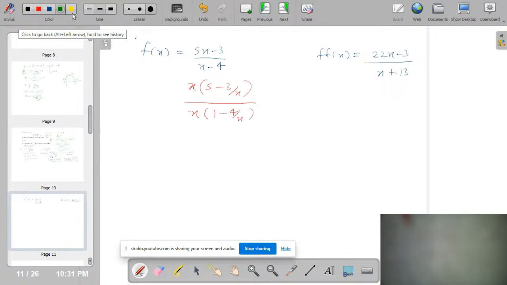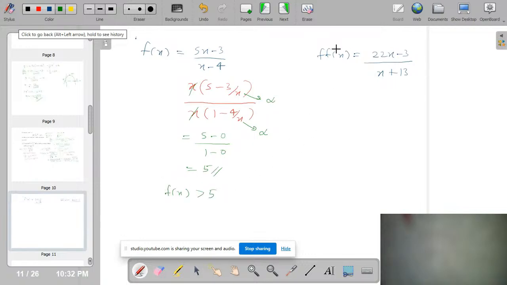Then we consider that if x becomes very large, what happens to this fraction? Those two become 0. Then these two get cancelled off. My final answer becomes 5 minus 0 divided by 1 minus 0, which is what? 5. So our function is having a range of what? 5. So f of x is greater than 5.